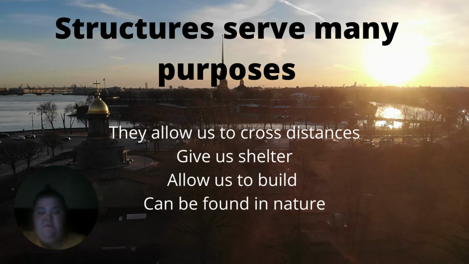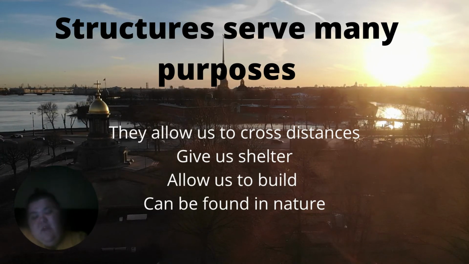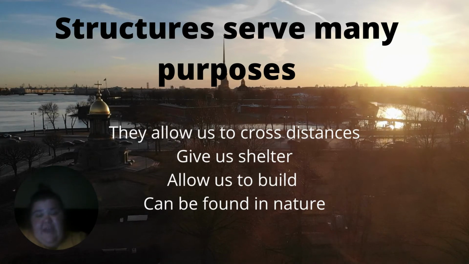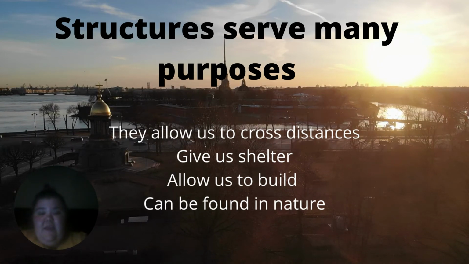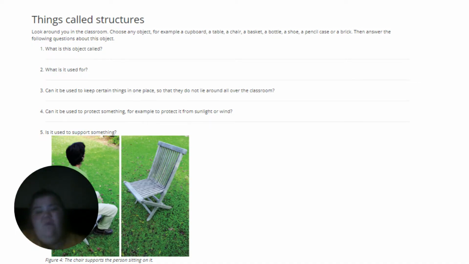So the last part of our lesson for today is the activity called Structures in your grade 7 MST handbook. I've got it up on the screen as well, but you do have it in your workbook. I would like you to answer the questions there.